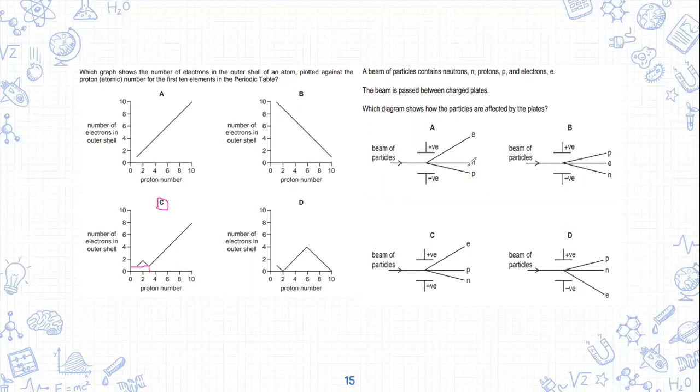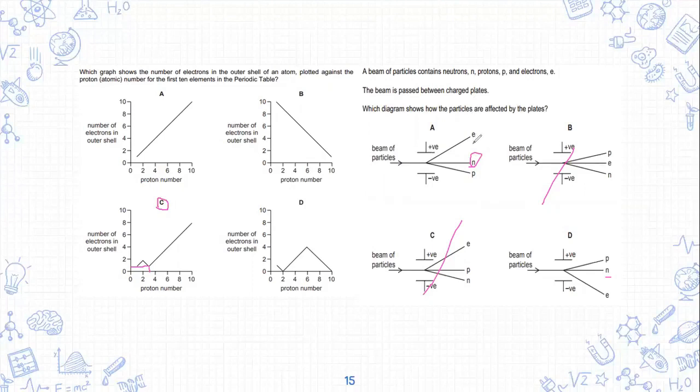Neutrons, first of all, we know don't carry a charge, so they are not going to be deflected by any of these plates. Neutrons are going to be in the middle. So only this one is going to be the correct one, and the others are wrong. Now I'm only going to consider these two options. Then I'm going to come to the next one.